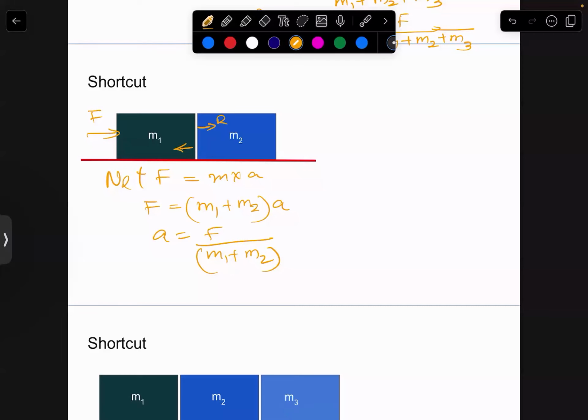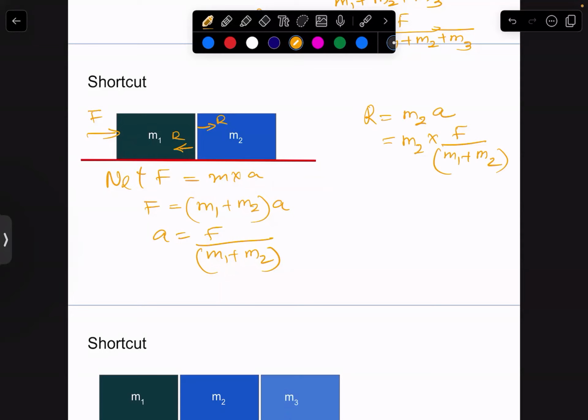So how to find the reaction force here? You can see that R is the force that is pulling M2 with the acceleration A. So you can just substitute A as F by M1 plus M2. I hope you got the pattern lying behind this thing.